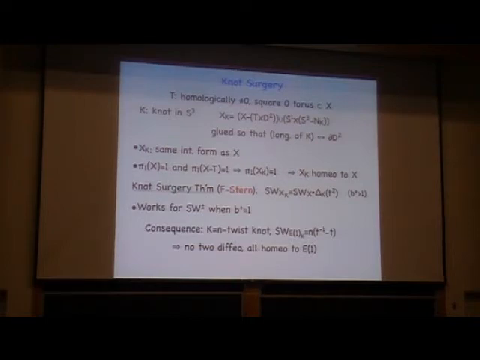So for example, if you have an N twist knot, then its Seiberg-Witten invariant, E1 with knot surgery done on it with respect to that knot, is N times T inverse minus T. So this gives you another family, aside from the Dolgachev family, of manifolds which are all homeomorphic to E1, and no two of them are diffeomorphic. And in fact, at most one of them can have a symplectic structure, because Taubes' theorem says that the coefficient of the canonical class must be plus or minus 1.